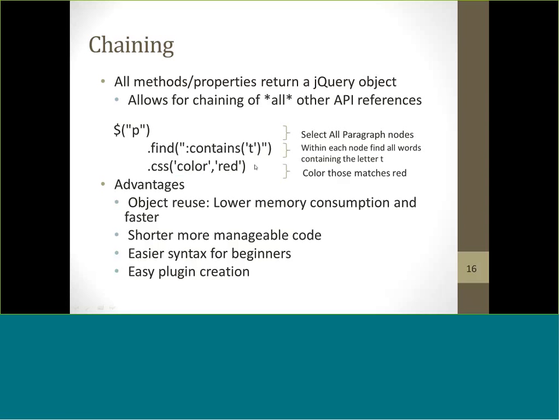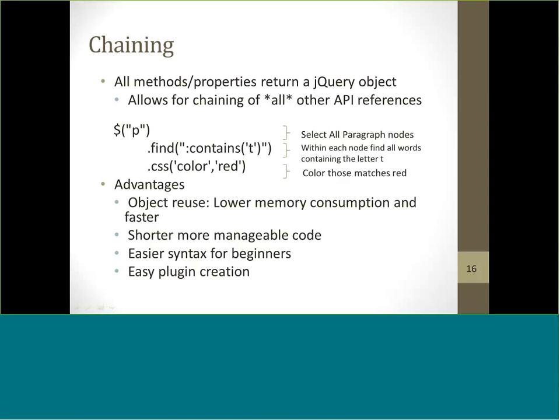And if I wanted to change multiple things about these paragraphs, I could just do dot this, dot that, dot this, dot that, and using this kind of notation suddenly starts to open up all sorts of possibilities for you to be able to write very powerful pieces of code very quickly and very simply.